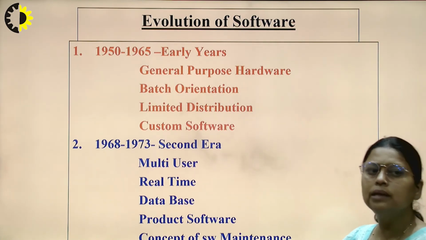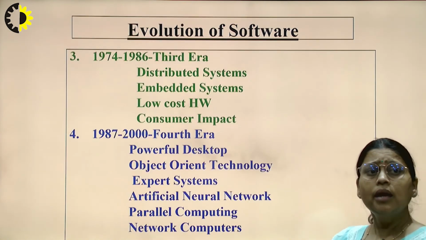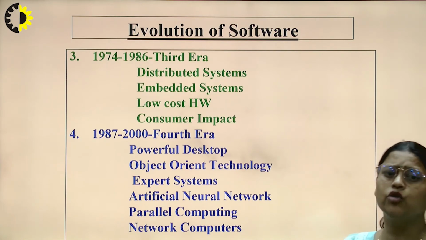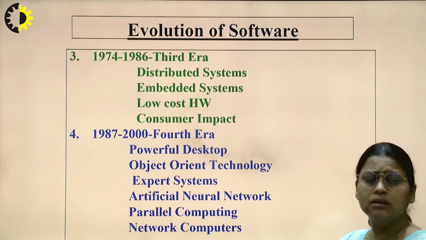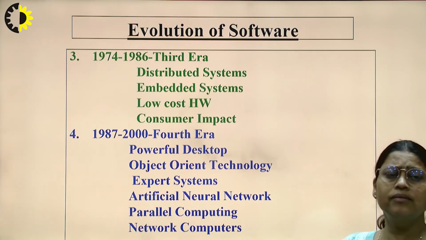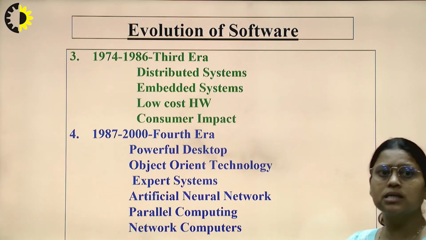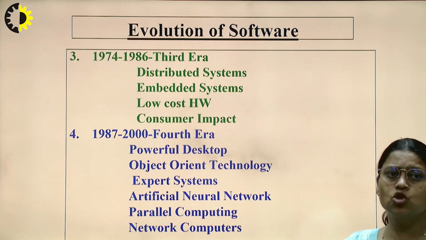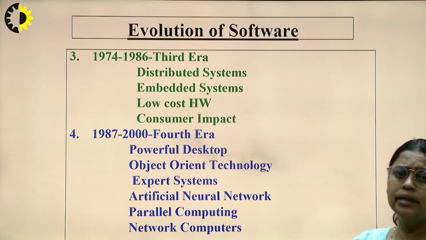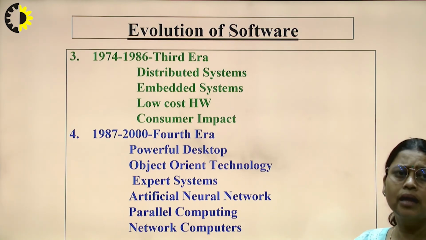The third era started in 1974, during which various software was developed, like distributed systems, embedded systems, low cost hardware, and consumer impact softwares.